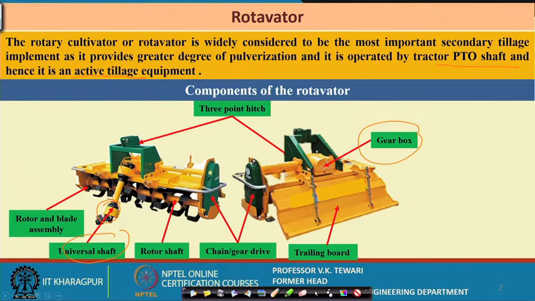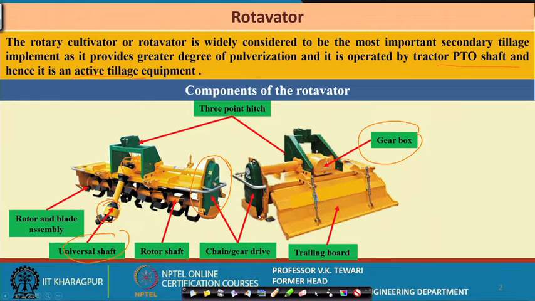So, in order that we get this rotation, we have to have a gearbox which will change the direction, and I will give you more details of this in the next slide.